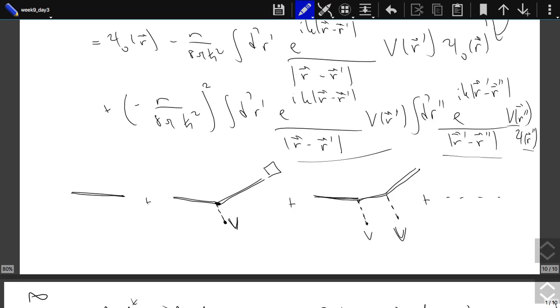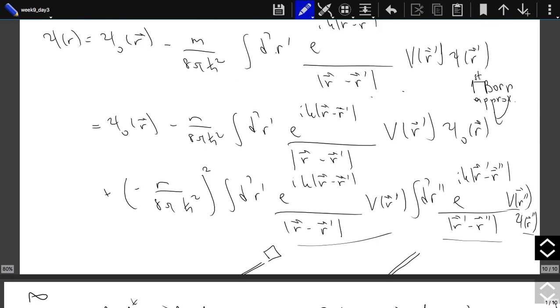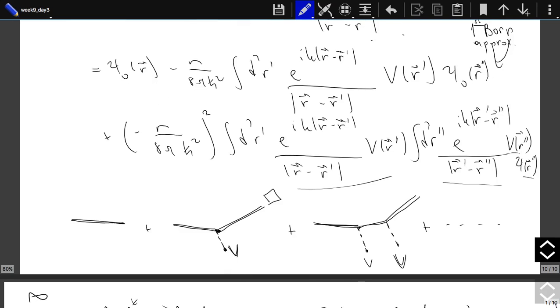So you see, my particle from r prime interacts with my potential at r prime and then moves to r double prime. This is my propagator.